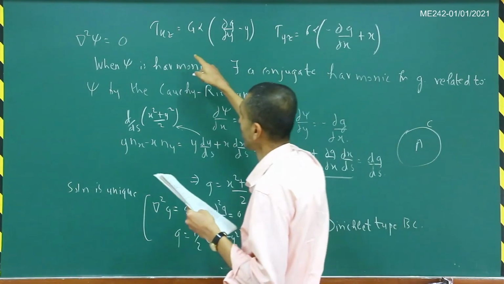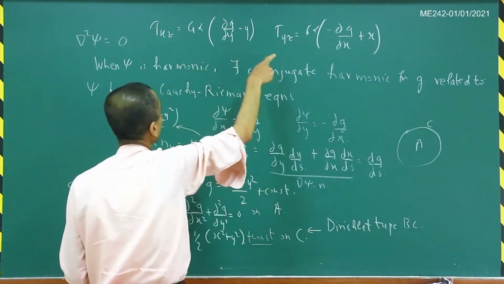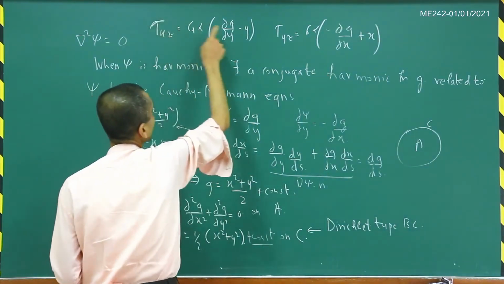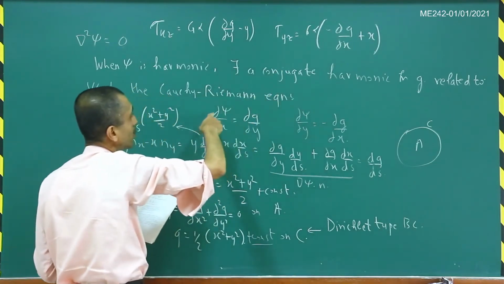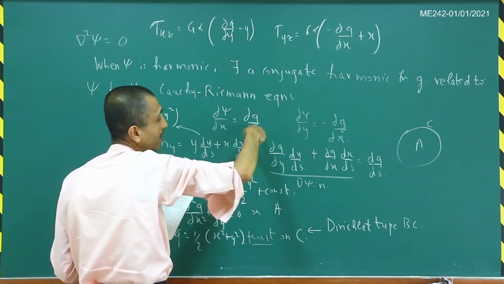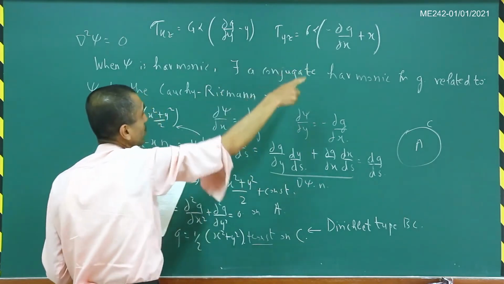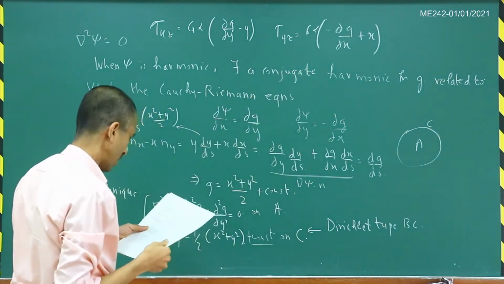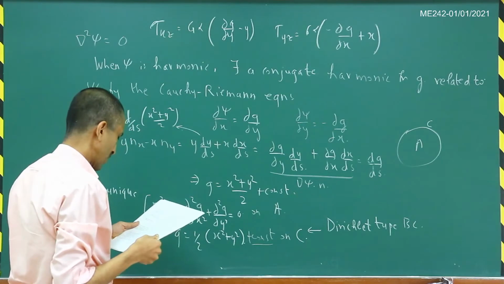So initially we had expressed this tau xz and tau yz in terms of the xi function, and now what you do is that in place of the derivatives of xi, you replace them with the derivatives of g, and so then you will get these particular expressions here.